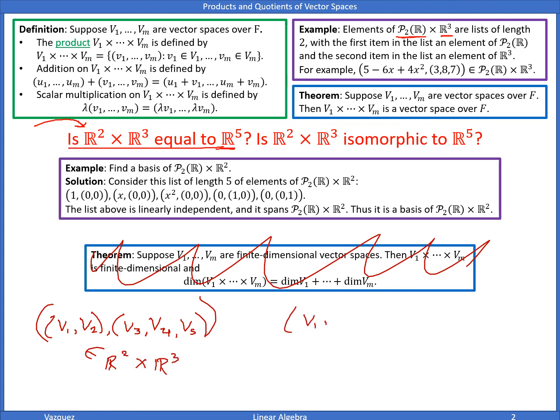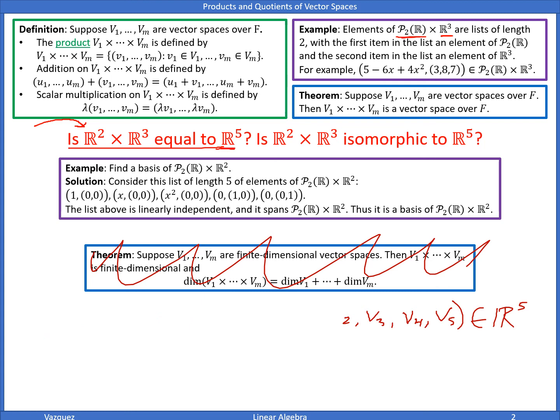And then in R5, we have V1, V2, V3, V4, V5. As you can probably imagine, they're not equal, but they are isomorphic. As you can obviously see, V1 to V5 map injectively and surjectively to the vectors in R5. Some mathematicians might even say they're isomorphic, so they're equal. It's not technically right, but it's pretty much the same thing. So that's the answer to that question in red.